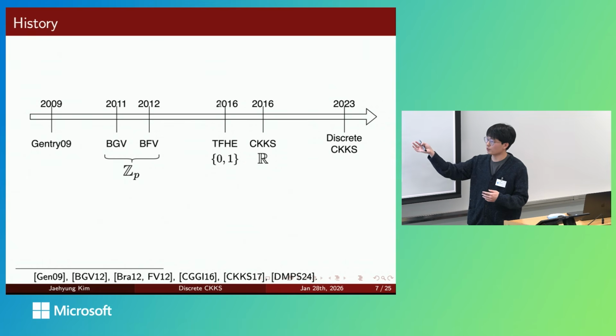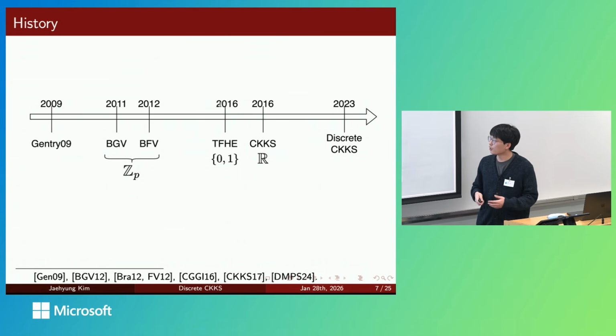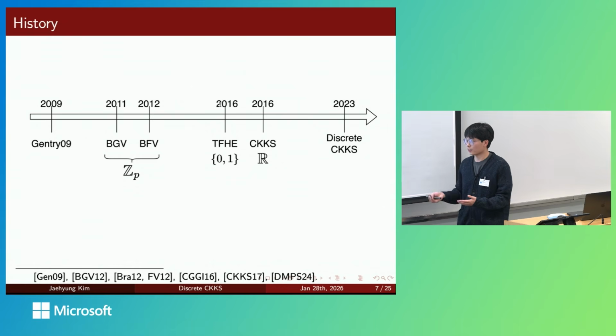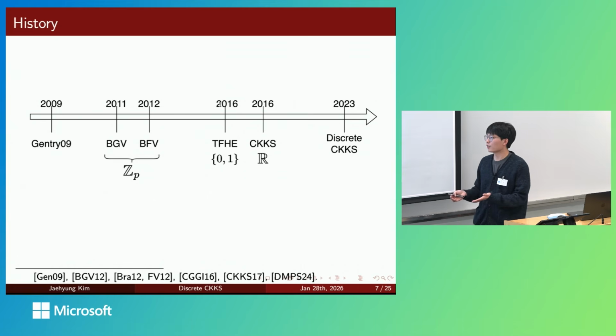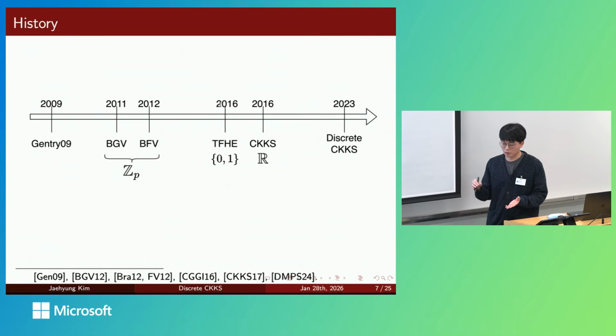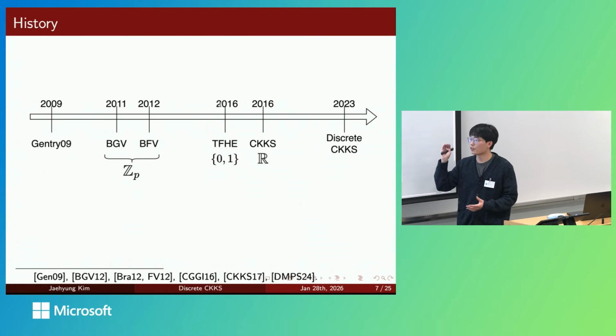You can imagine P is a prime, and they operate on modulo P arithmetic. Later, with the development of techniques called GSW and the Ducas-Micciancio scheme, and built upon it, there was a scheme called TFHE, which efficiently works on individual ciphertexts, so it is no longer vectorized but works efficiently on bit-level operations one by one, and provides fast bootstrapping. This now serves as one branch of FHE.